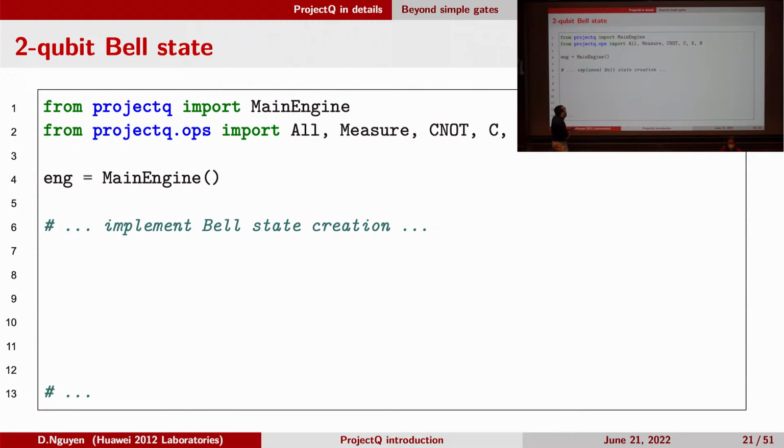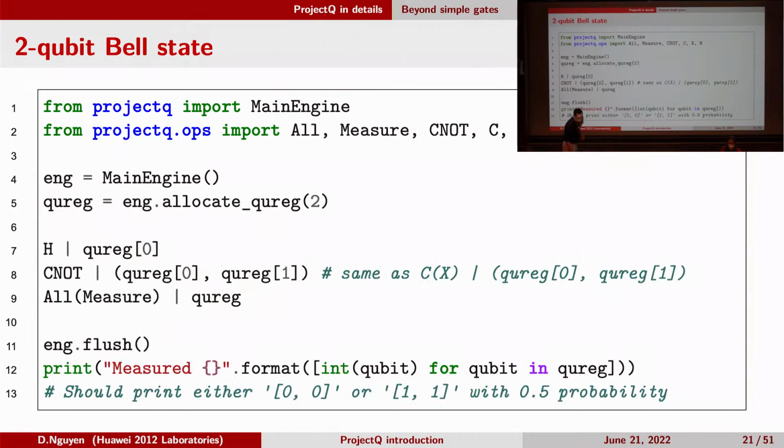So here's a small toy example. I'm implementing a maximally entangled state, also called a Bell state. One way of doing it is the standard way, so to speak. So you allocate your qubits.